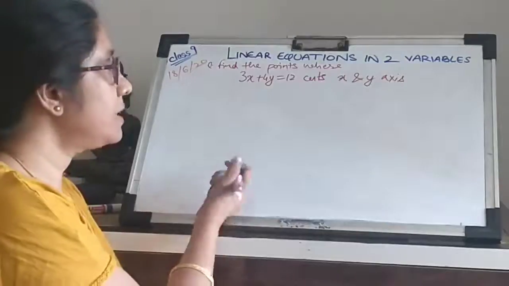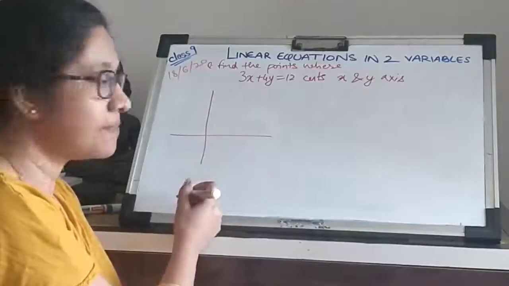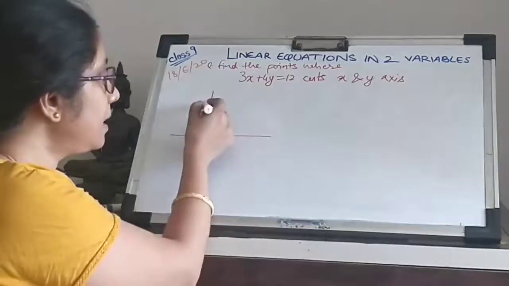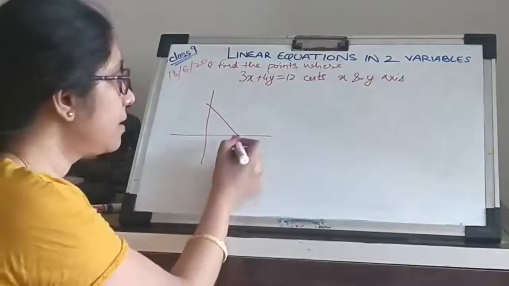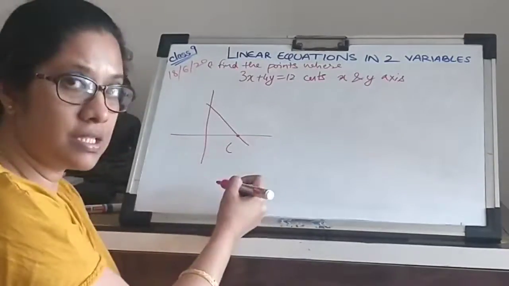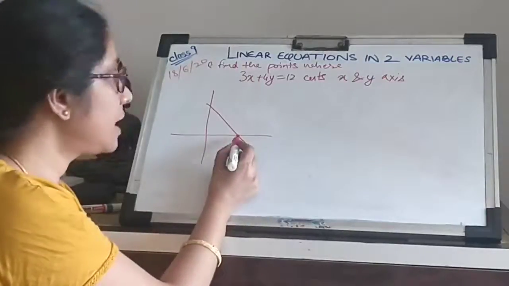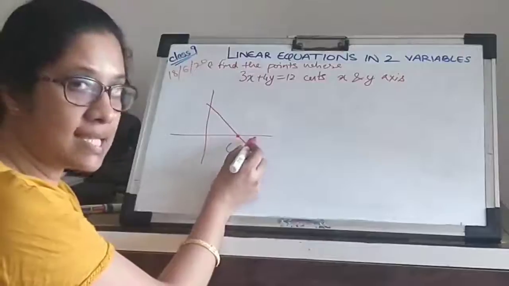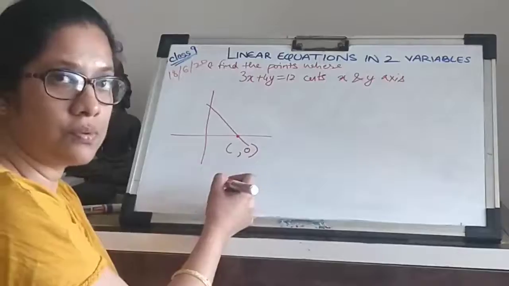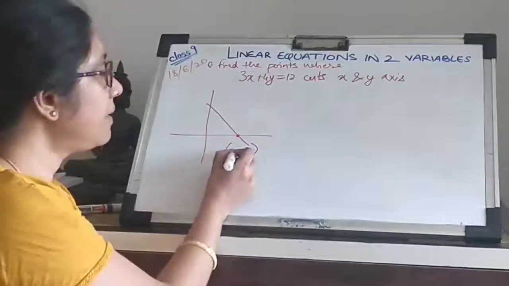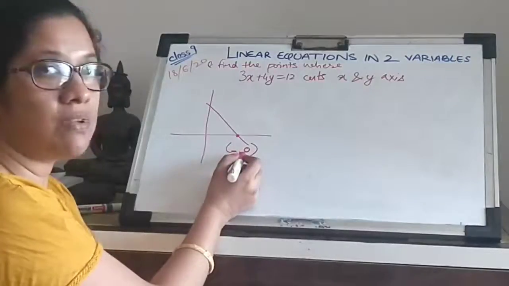So what do we typically understand when we say that a line intersects the x-axis? Whenever any line intersects the x-axis, what would be special about that point? The point at which any line intersects the x-axis will have the ordinate 0. There will be some abscissa value, but the ordinate will always be 0.